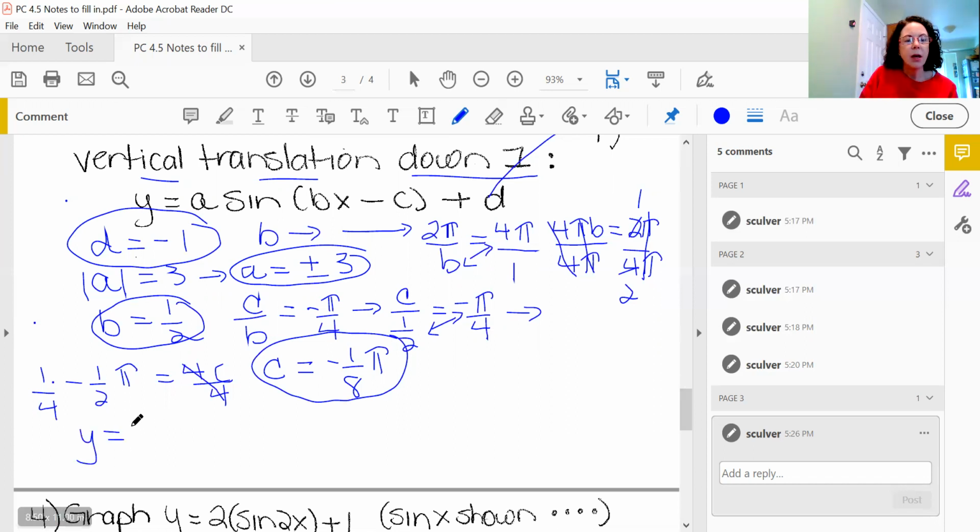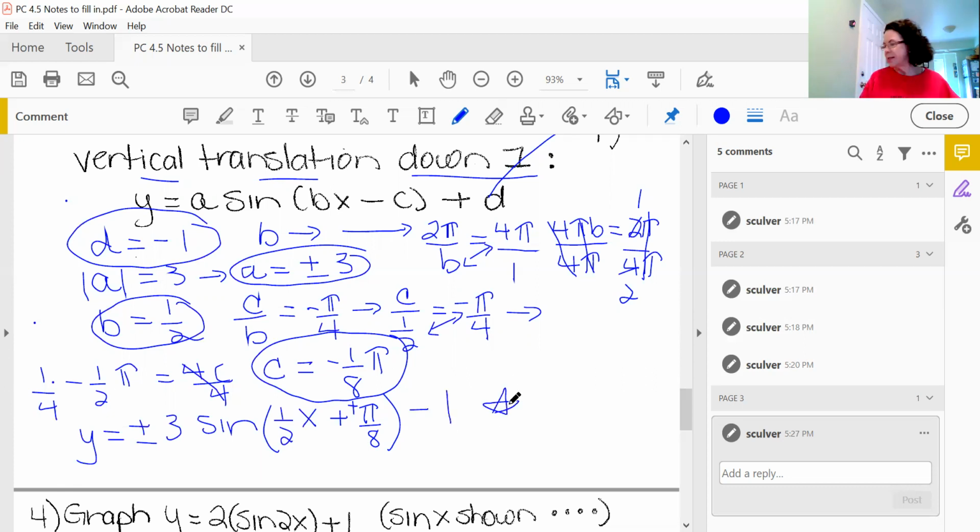Y equals plus or minus, my A is 3 times sine, my B is 1/2, x minus my C, which is negative pi over 8. Notice that becomes positive, showing the opposite. Left should show a plus sign. And there is our final answer.